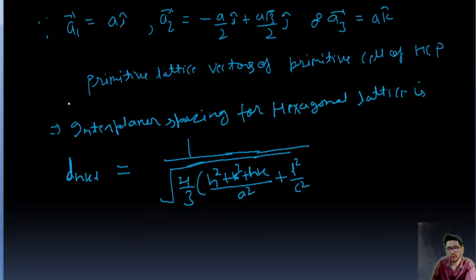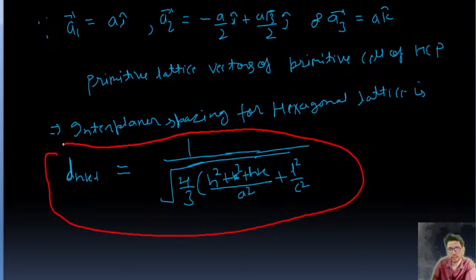This is the formula for the hexagonal lattice or HCP structure. So d_hkl is 1 upon root of that. For the cubic structure we know d_hkl equals a upon root h square plus k square plus l square. This is a very important formula, you need to note it down.